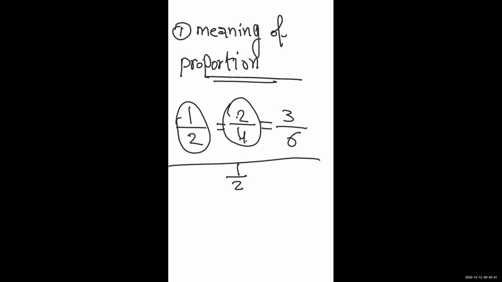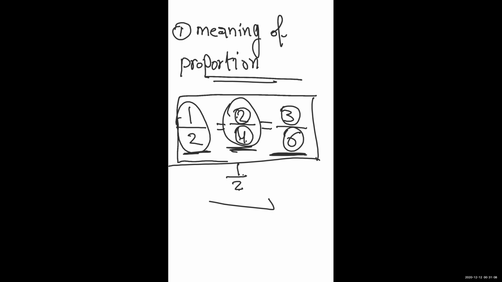If I simplify 2 over 4, I divide the two terms of the ratio by 2: 2 divided by 2 equals 1, 4 divided by 2 equals 2. Likewise 3 over 6 equals 1 over 2 if I divide the two terms by 3: 3 divided by 3 is 1, 6 divided by 3 is 2. So all these ratios are equal. This is a simple example of proportion.